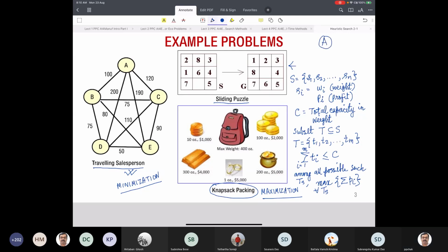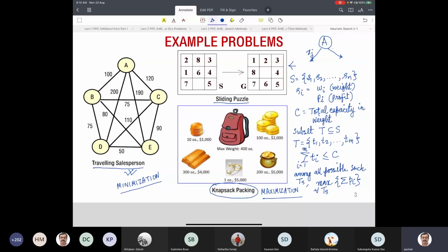A, I choose an item which is not already taken, because here I have to take an item only once. So I choose an item xj, and I also decide not to take xj.